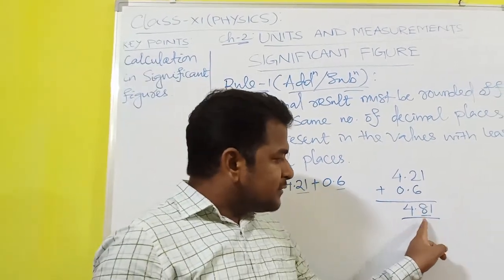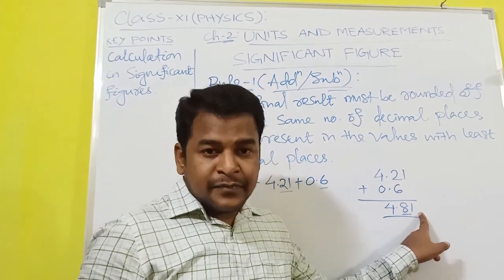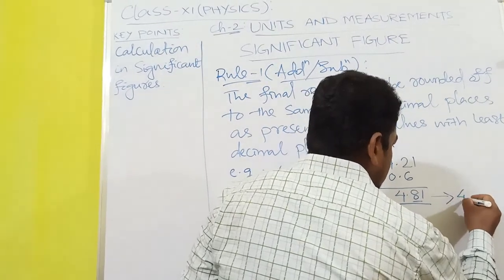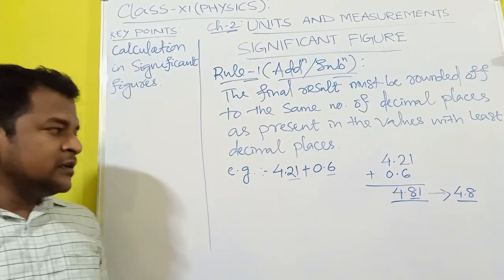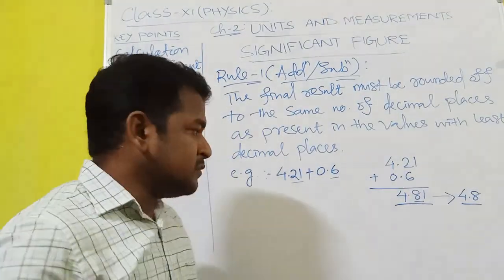The following digit is 1, which is lesser than 5. So the answer will be 4.8.